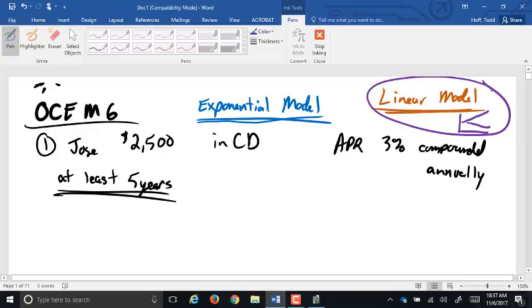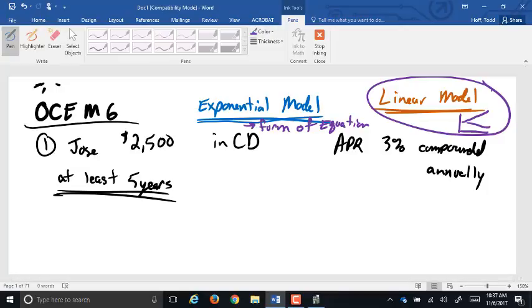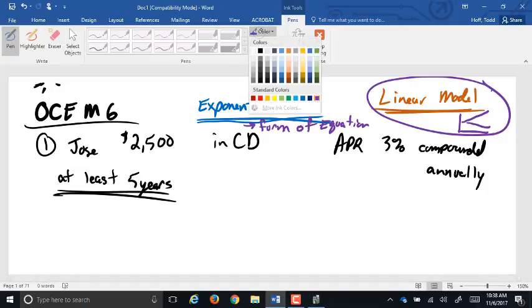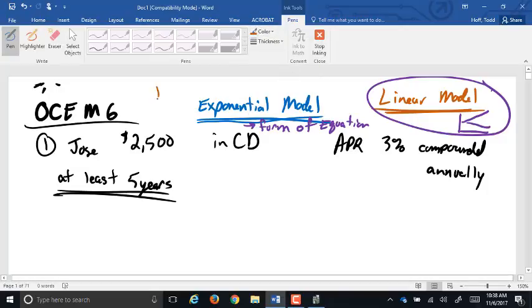Now the exponential model wasn't named after the shape on the graph. It was named after the form of the equation. The equation for an exponential model has an exponent in it. And the key with an exponential model is, remember, an exponent has 2 parts.